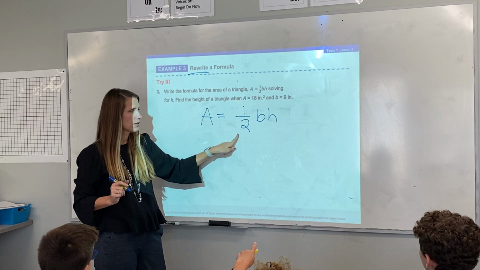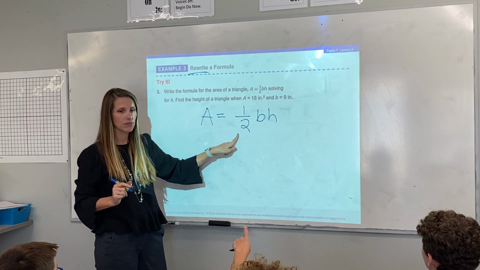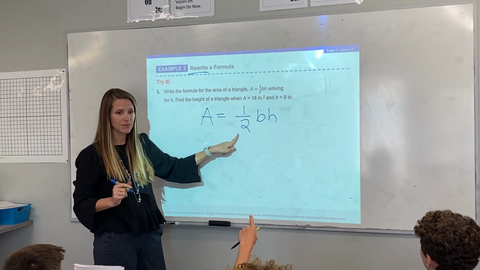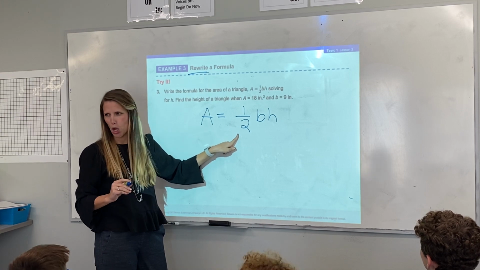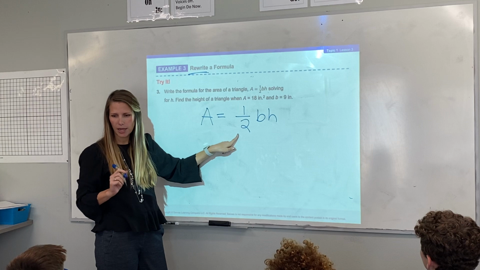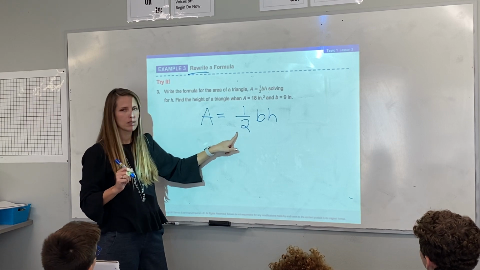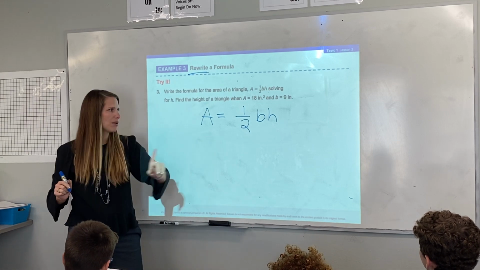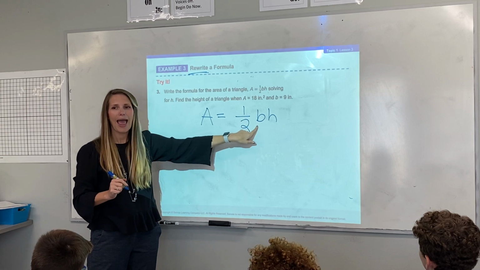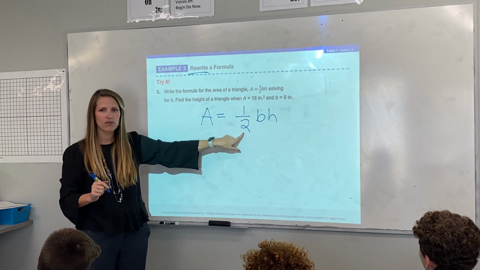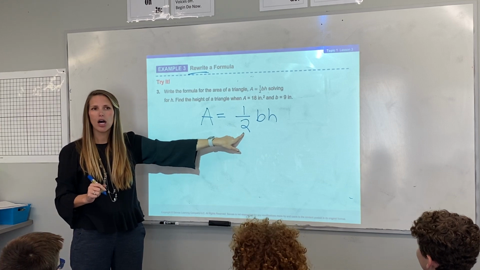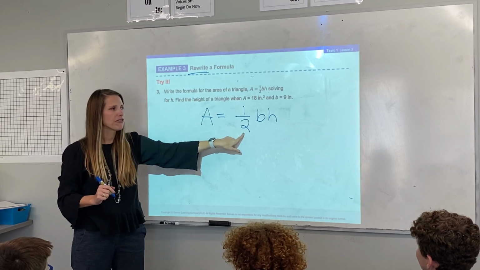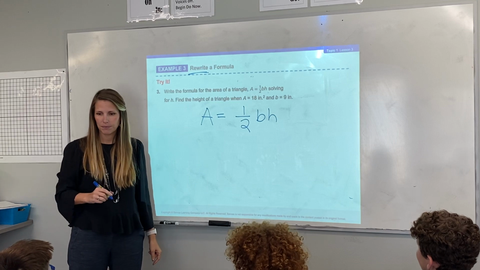Divide. Let's work one step at a time. It's being multiplied by B and by 1/2. Let's take care of this ugly little fraction first. How do we undo a fraction that's being multiplied?